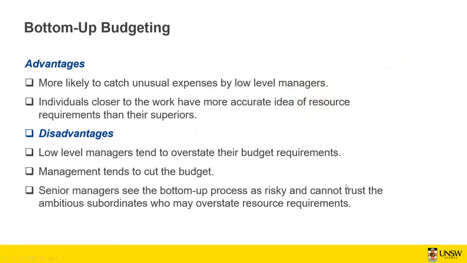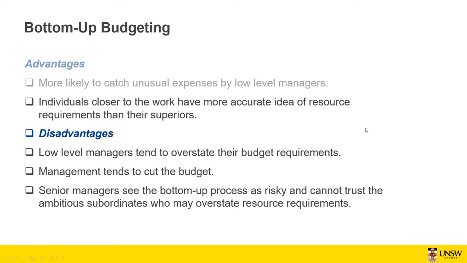So let's go through the advantages and disadvantages. First of all, it's more likely to catch unusual expenses by low-level managers because they know exactly what they want to do, and they can have a better and much more accurate estimation of the costs.